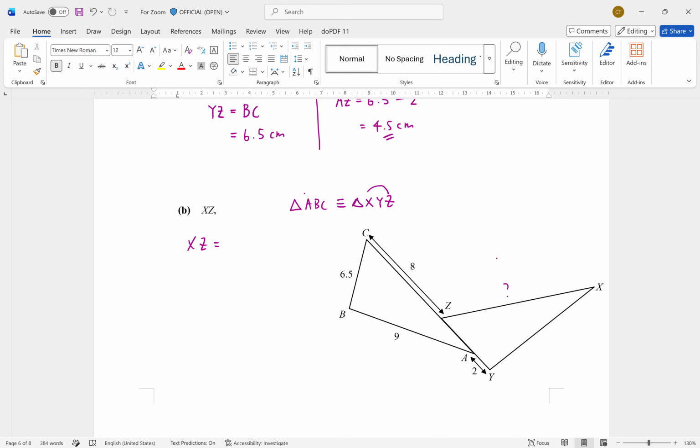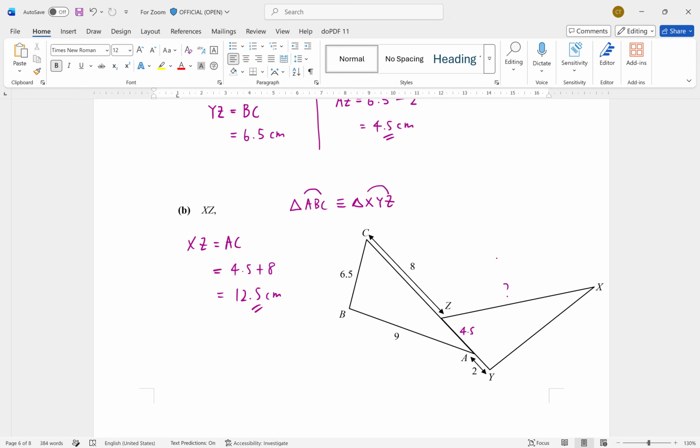XZ corresponds to AC. Do we know AC? Remember just now we found AZ to be 4.5 already. So in other words, we know AC. AC is 4.5 plus 8, so 12.5 cm.